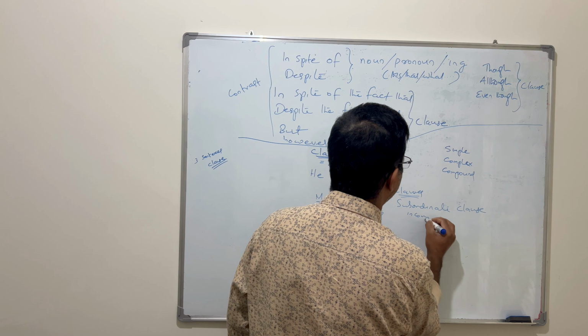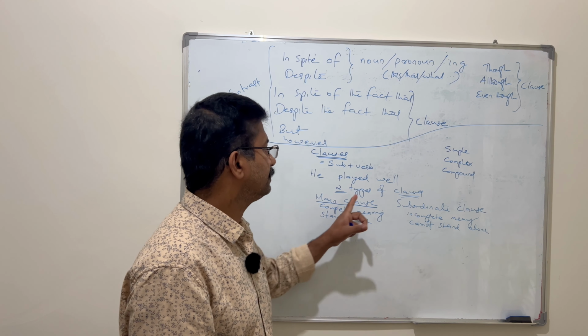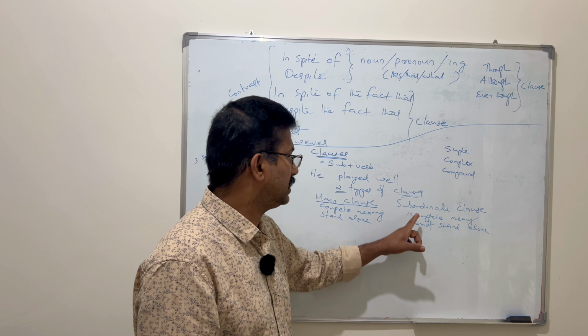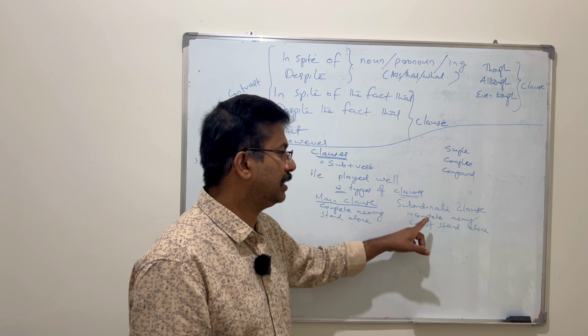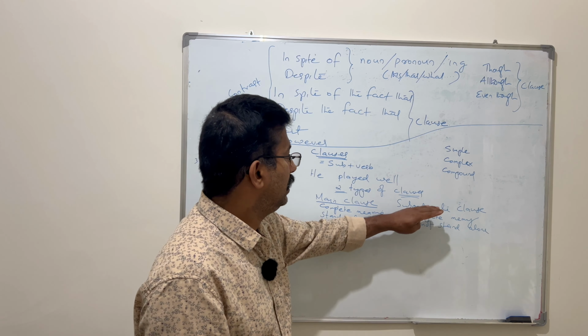A main clause can stand alone as it has complete meaning. A subordinate clause, as it doesn't have complete meaning, cannot stand alone. I mean, between two full stops, you should never write a subordinate clause.